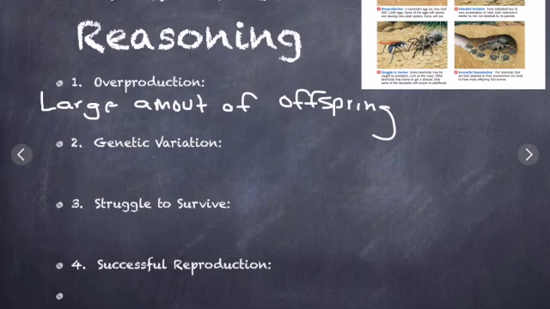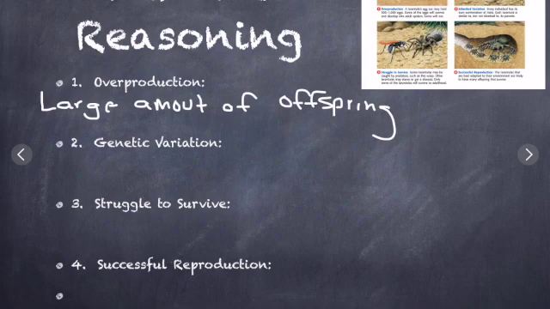The tarantula will lay up to 500 to 1,000 eggs. There's no way that all of them will survive to adulthood, but they're stacking their deck. If only 5 survive, then they get 5 that will go on to the next generation.